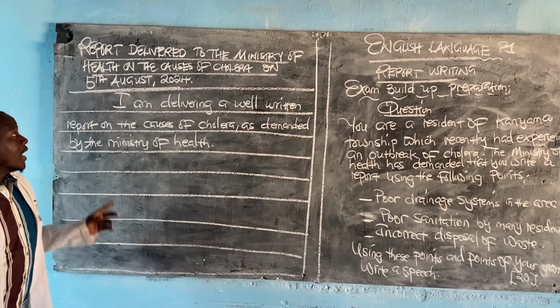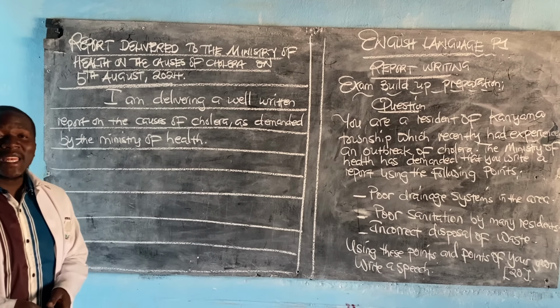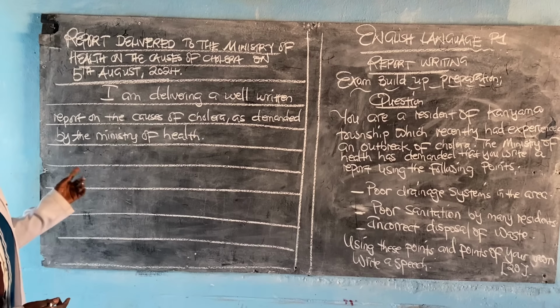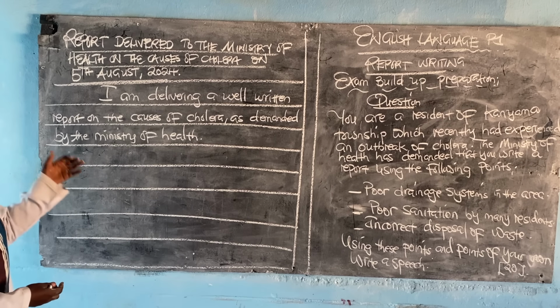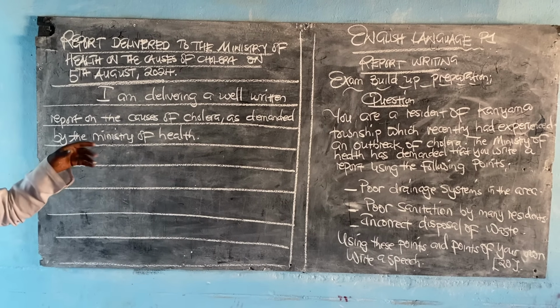We can say, I am delivering, or I am submitting, or I am compiling, or I am writing. I am delivering a well-written report on the causes of cholera as demanded by the Ministry of Health.